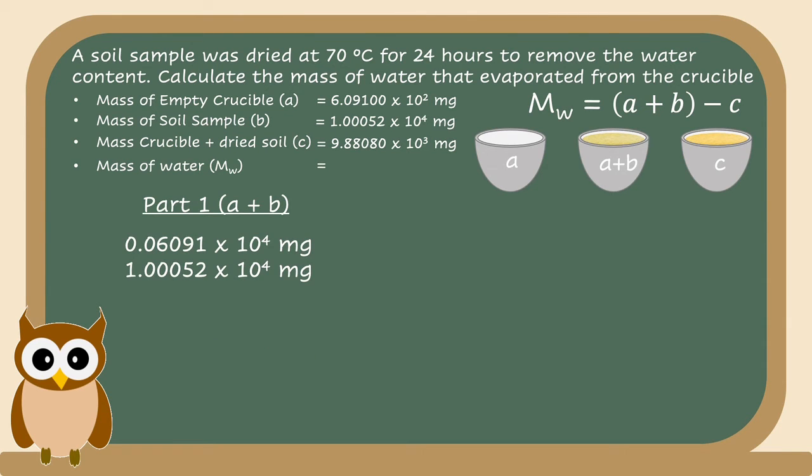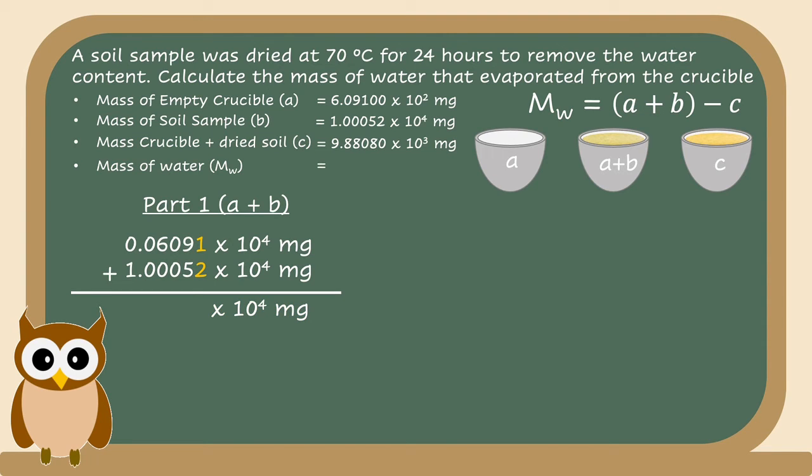This gives us 0.06091 times 10 to the power of 4 plus 1.00052 times 10 to the power of 4. When we add them together, the exponent stays the same, and then all we need to do is calculate the addition of the coefficients.